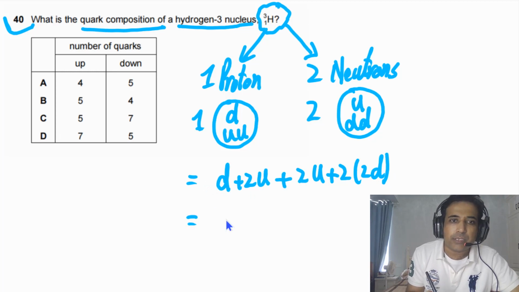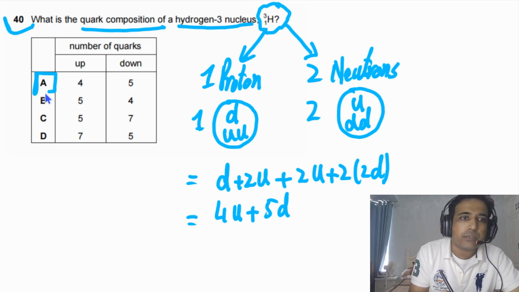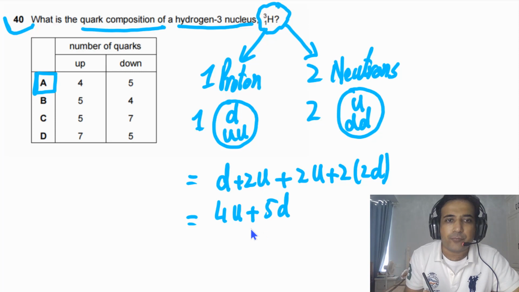If we simplify this, we have 2 up quarks here and 2 up quarks here, so it means 4 up quarks, and in this case 5 down quarks. So the answer for this question is A, meaning 4 up quarks and 5 down quarks.